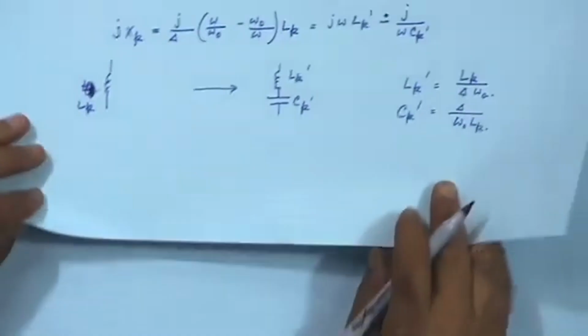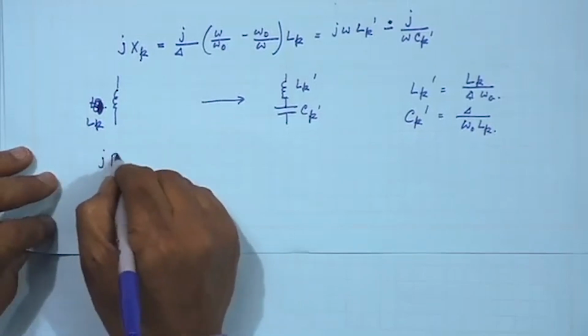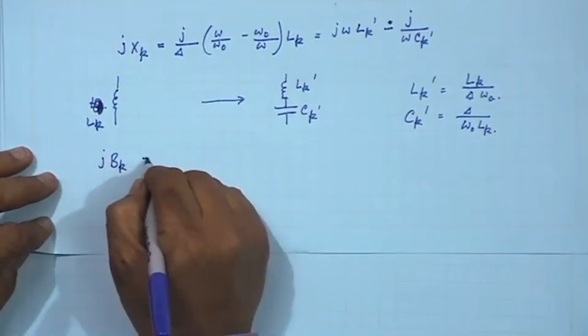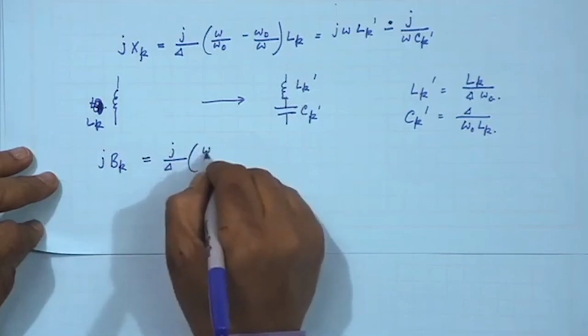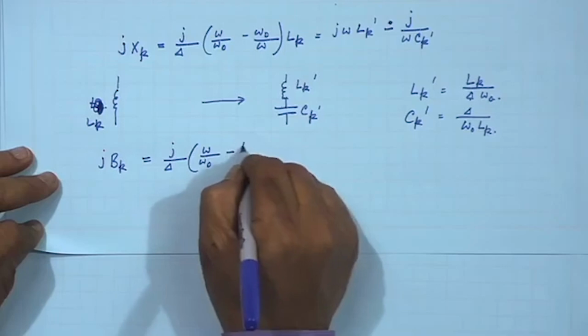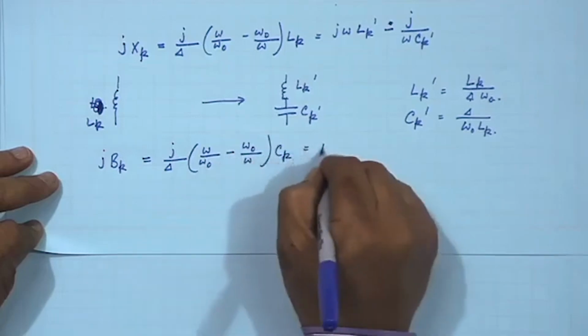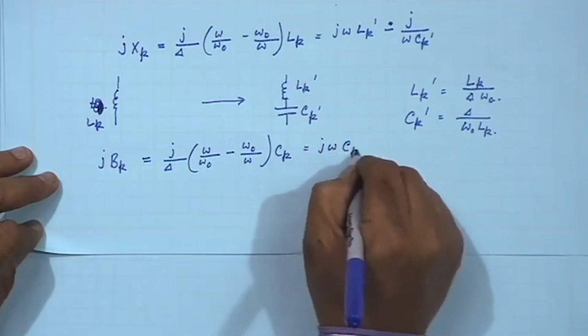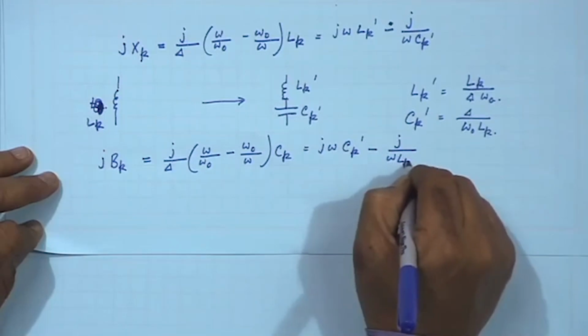Similarly, for the capacitor in the prototype, its susceptance j Bk will now become j by delta into omega by omega naught minus omega naught by omega into Ck. So, that is j omega Ck dashed minus j by omega Lk dashed.